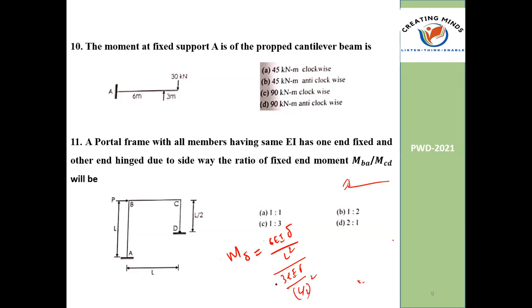Now you are getting 2 by L square divided by 1 by L square 4. So L square gets cancelled. It will become 1:2 or 2:1?